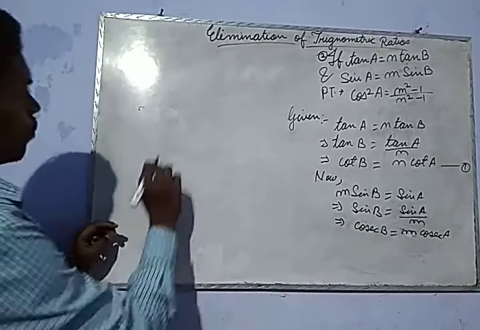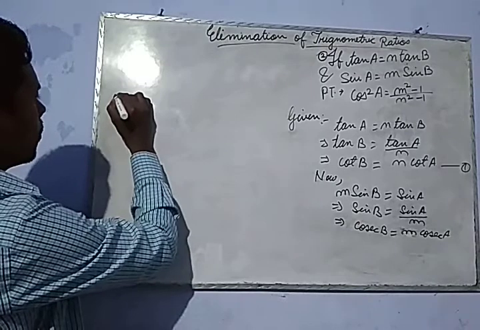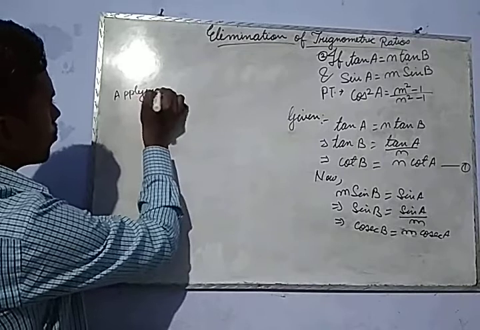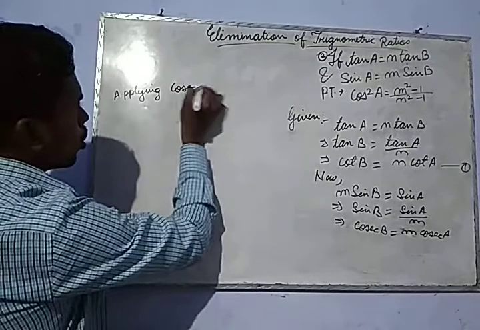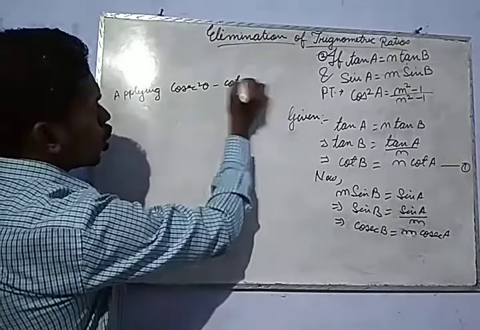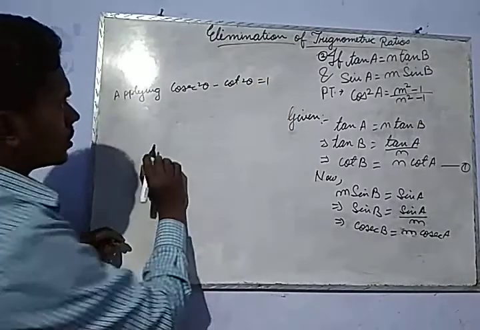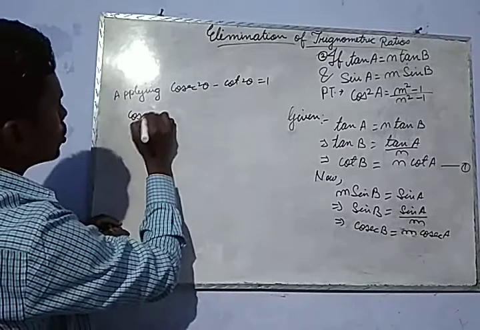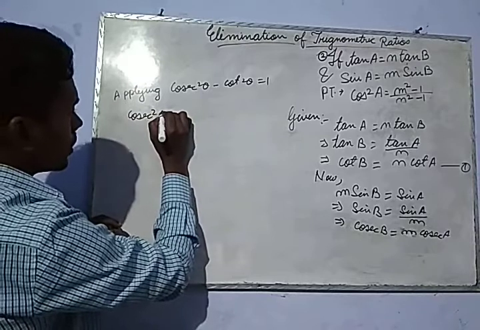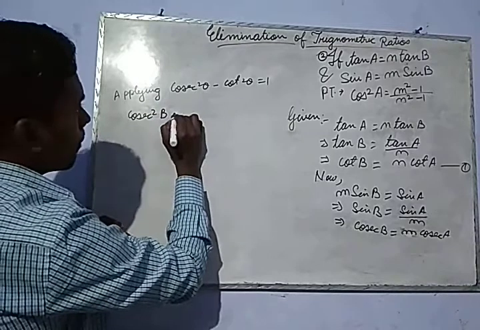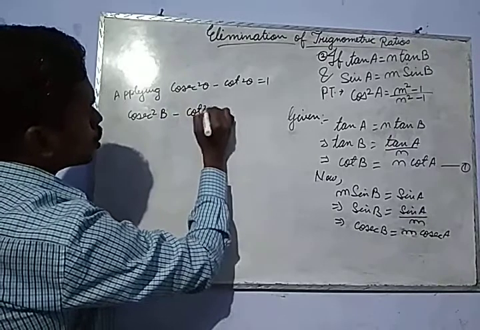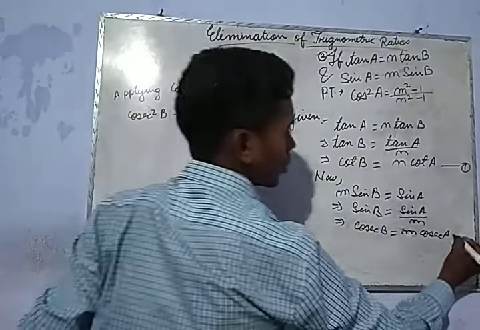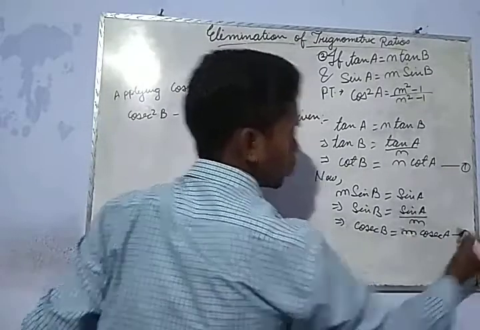Now we can use the formula. Applying cosec square theta minus cot square theta equals 1, we have cosec square B minus cot square B equals 1. So this is our equation 2.